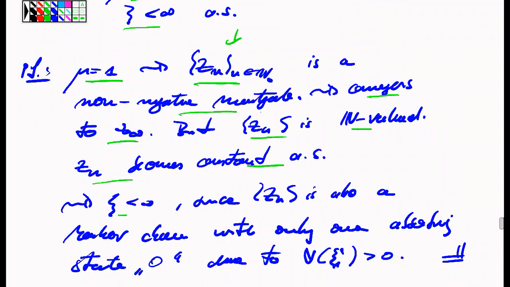But this means that psi is finite almost surely. Why? Well, if psi is not finite, and we have stabilization, well, for all trajectories we have stabilization towards some random point in finite time. But the Zn process is easily seen to also be a Markov chain.